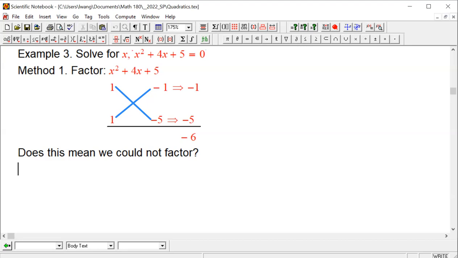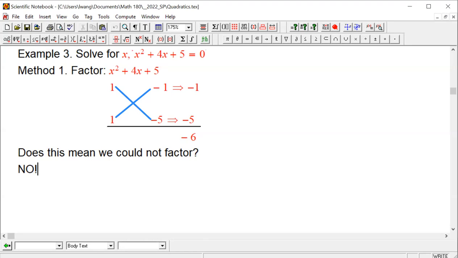The answer actually is no. We can factor. It's just we cannot find the factors easily. Yes, we can, because I'm going to show you the factor later. At this point, you cannot say it cannot be factored because that's not true.